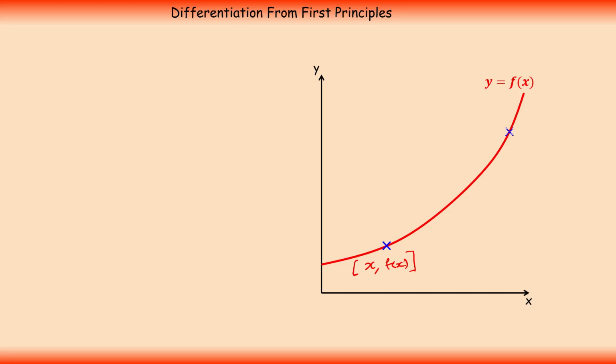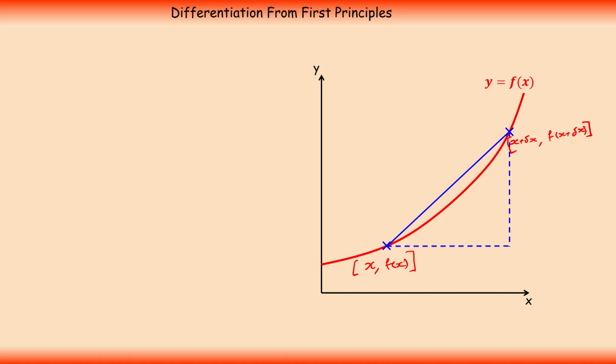And we need a second point on the curve, which has a change of delta x from the first one, an increase of delta x. So that's going to be x plus delta x, and f of x plus delta x. Oops, forgot the brackets there, the square brackets. Those are our 2 points.